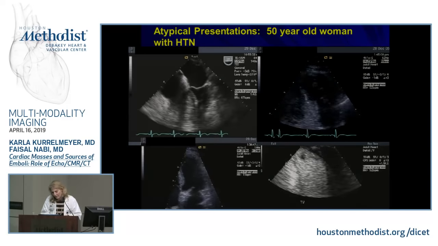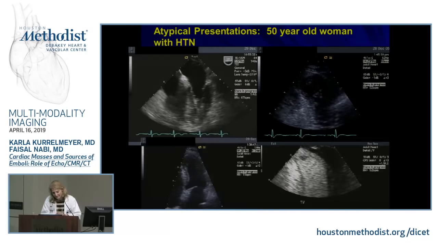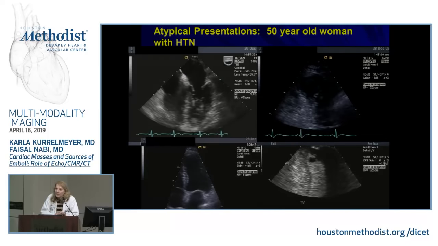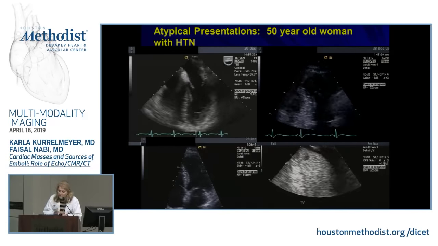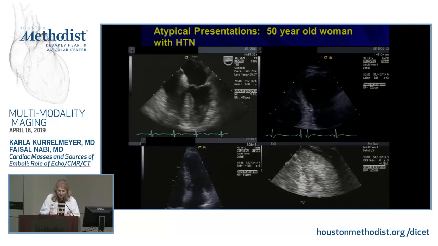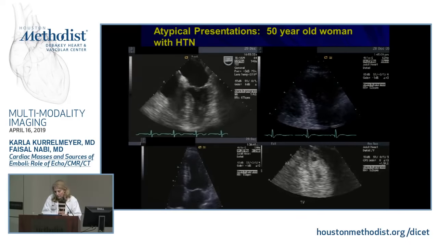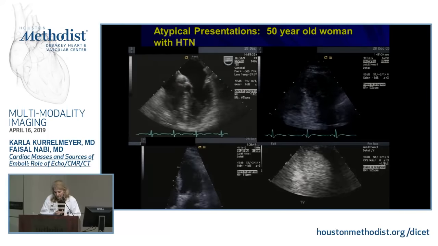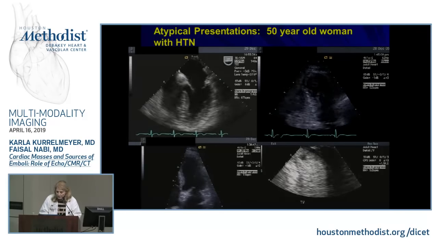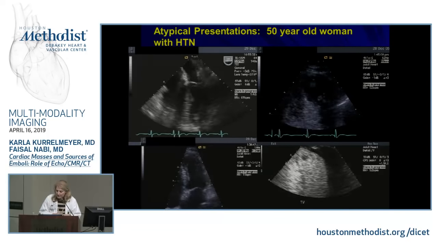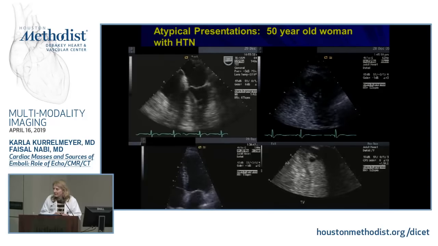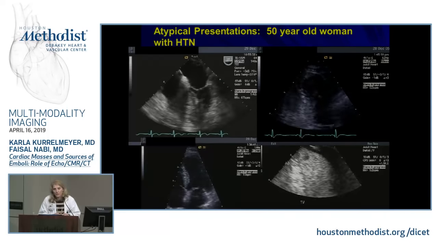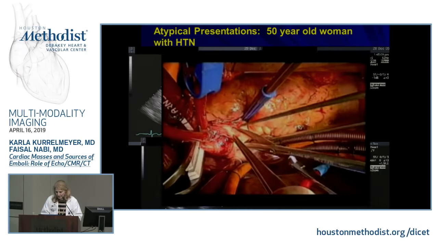So if it's not a thrombus, the question was, well, what is it? And does it have an embolic potential? Because that would be the only reason you'd take it out in a patient like this, because the chamber sizes are all normal and the chamber function is all normal. So it was decided that, because it's so mobile, this probably has significant embolic potential. So she was sent to surgery to have this mass removed.